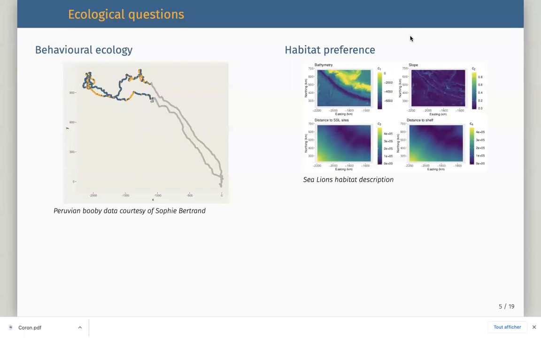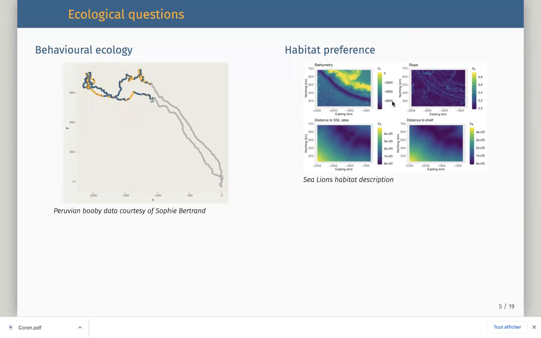Another question is habitat preference. Here it's some sea lion data. We are following sea lions using GPS data, and we also have information on different habitats. Here it's bathymetry, that's the depth of the sea.